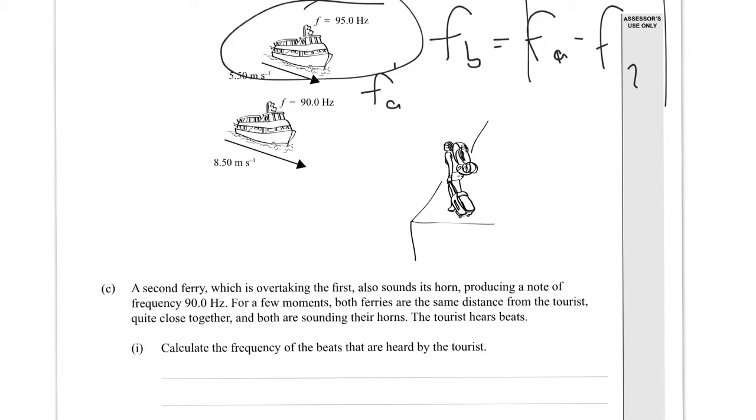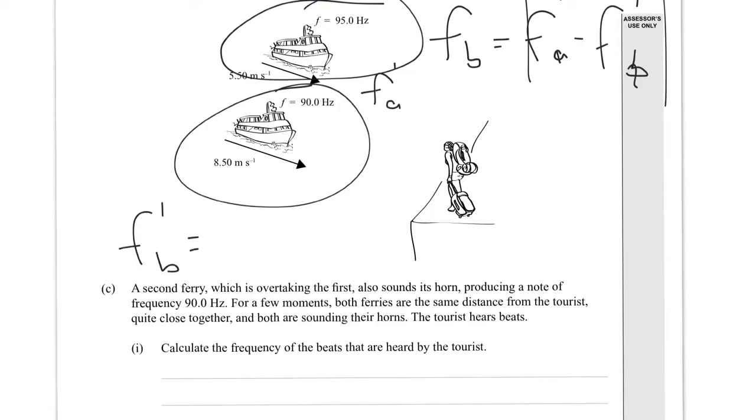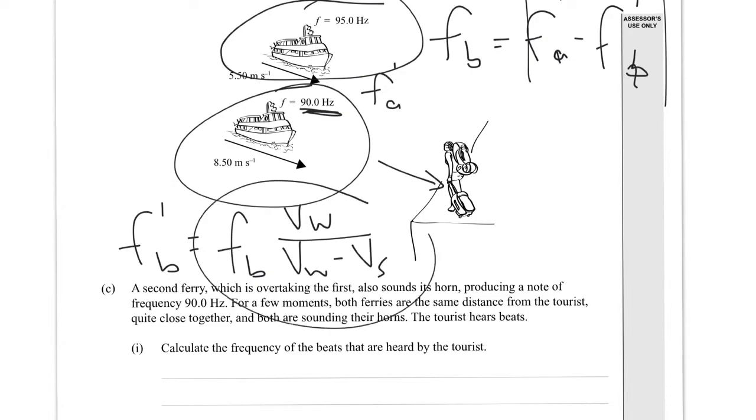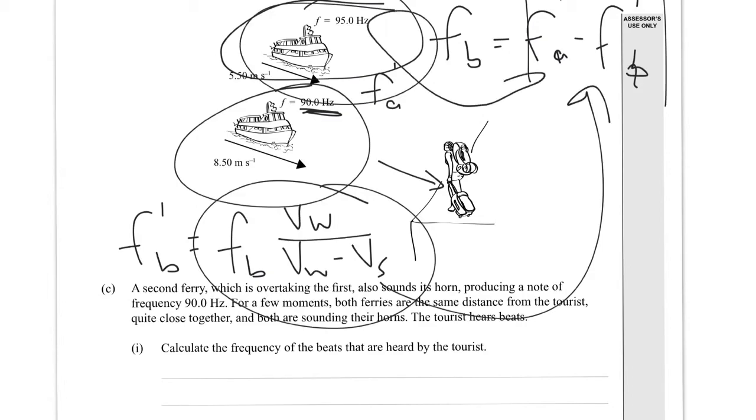For the second one, it's coming towards you again, so you're going to have to do the same calculation. f' for boat B is equal to f of boat B, which is 90 Hz, times the velocity of the wave over the velocity of the wave minus, again because it's coming towards the observer, the velocity of the source. You can do that calculation, find an answer, and take the answer from above and throw it in as well, and that'll give you the beat frequency.